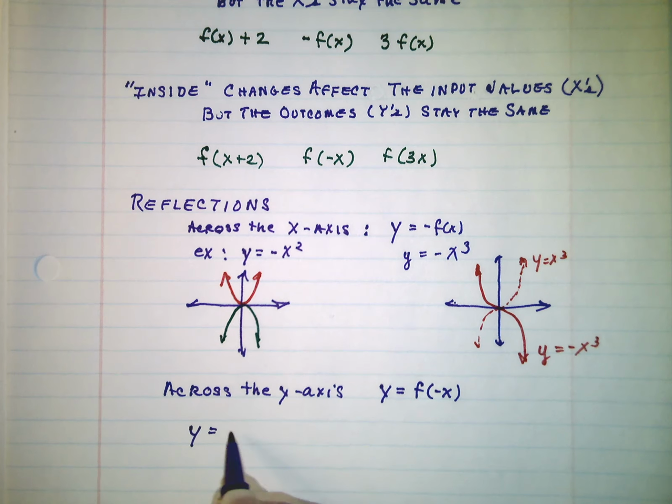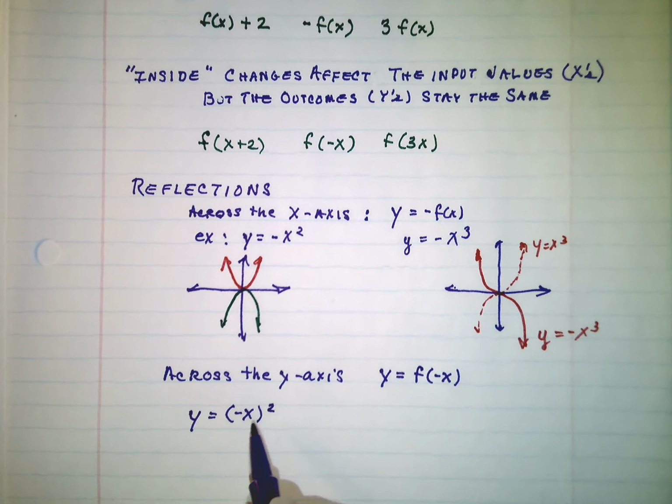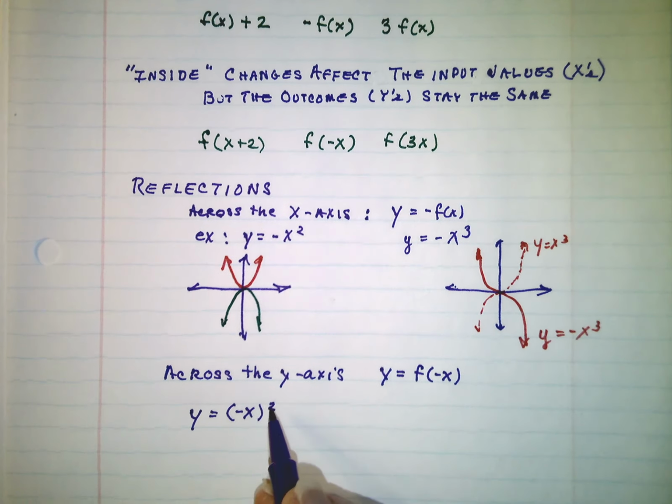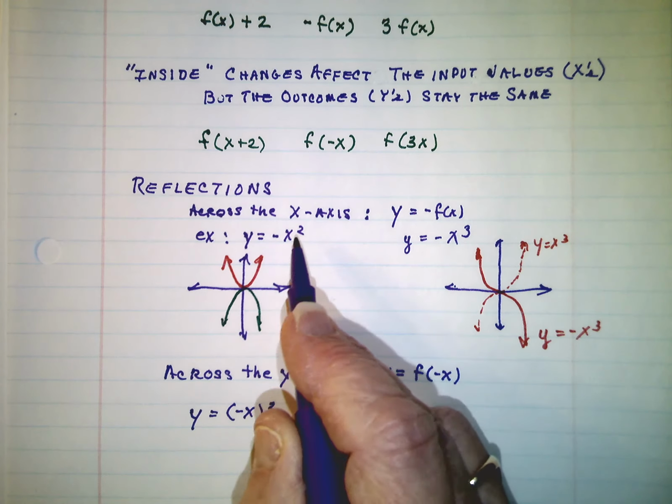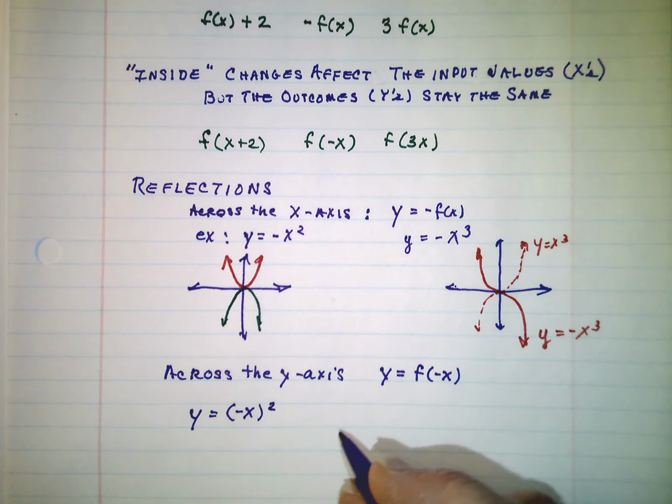y equals negative x squared. Instead of negative x squared, it's the opposite of x and then square it.